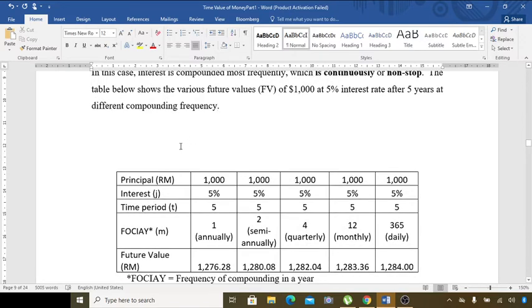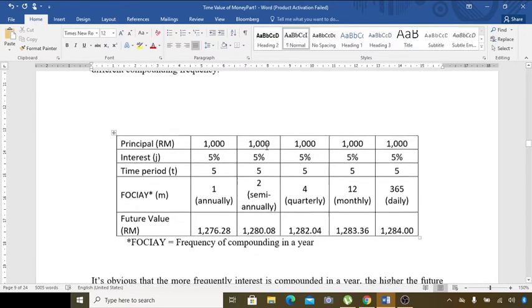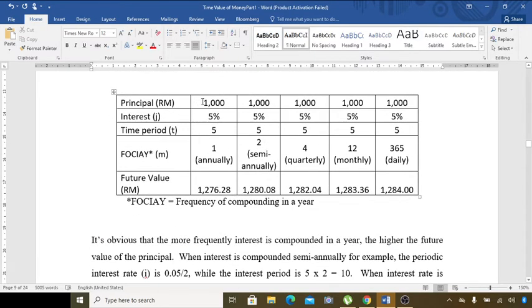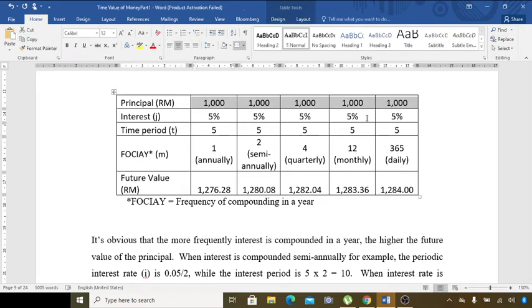This table shows the various future values of 1,000 at a 5% interest rate after 5 years, but at different compounding frequencies. So the principal is the same, 1,000, at interest of 5%, and the time period is 5 years throughout.